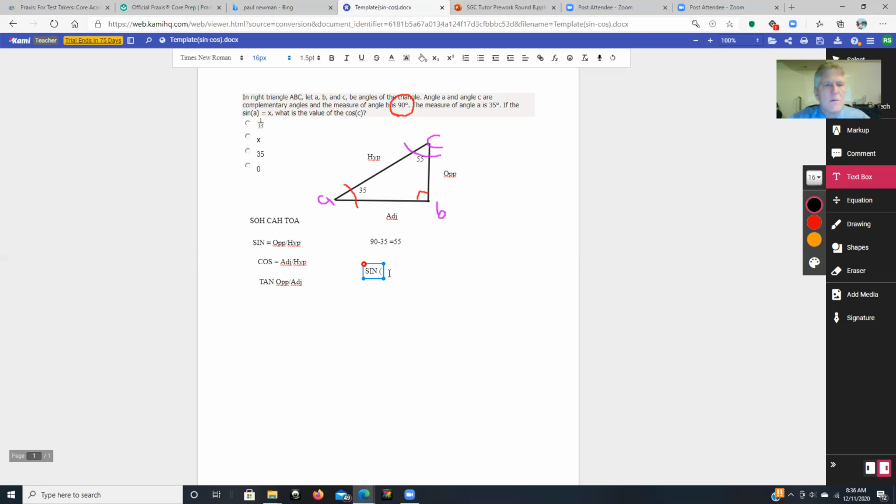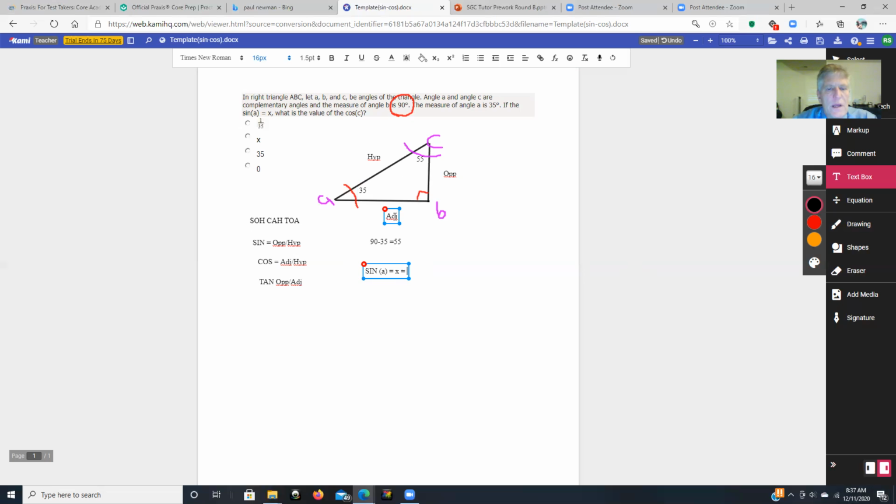Sine, and remember we're talking about a particular angle, so we're talking about angle A, and that's equal to X. We have this already set up in relationship to A. So for A, this is the opposite. This is the adjacent.